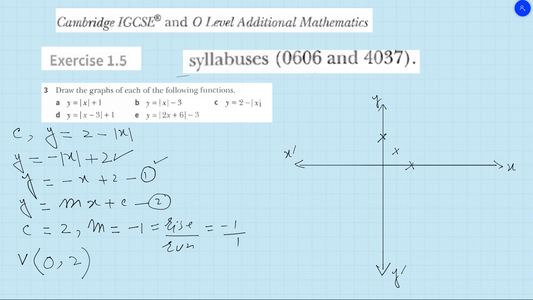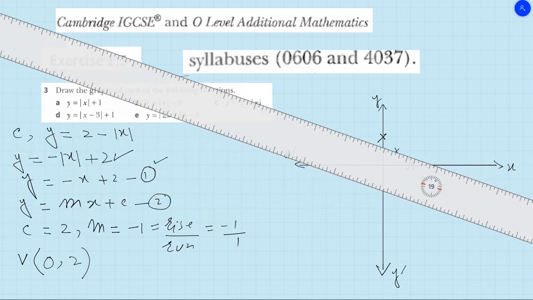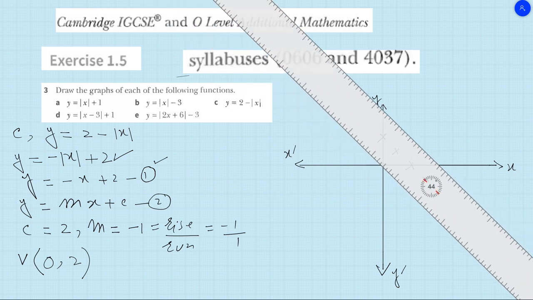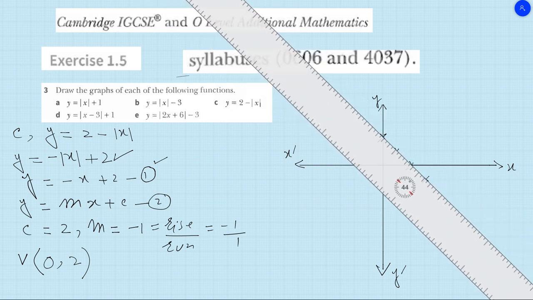Minus means below, plus means above, and then 1 on the right side. Join these points with the help of a scale. Here we go.